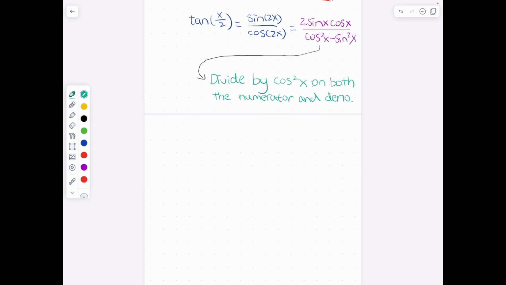So two sine of x cosine of x divided by cosine squared x, and that whole thing will be divided by cosine squared x minus sine squared x divided by cosine squared x.